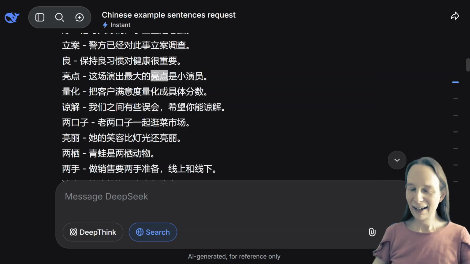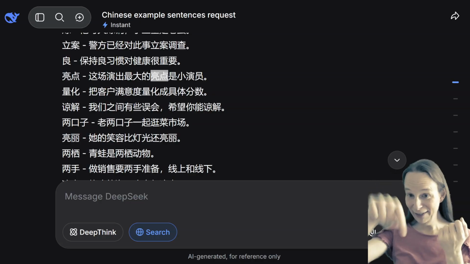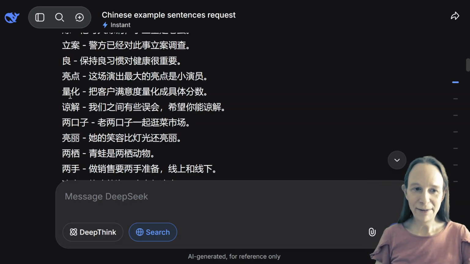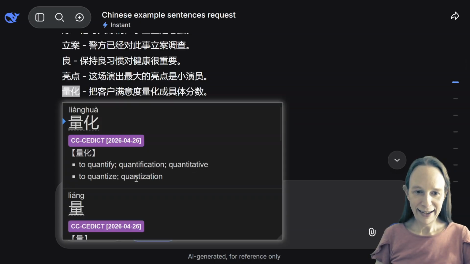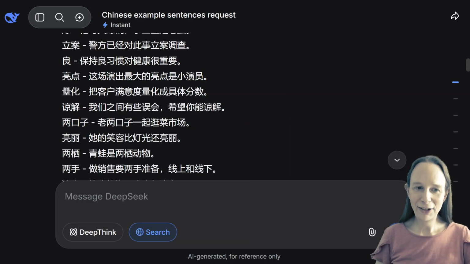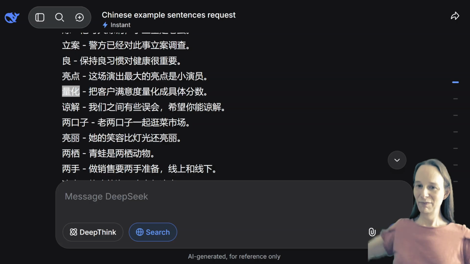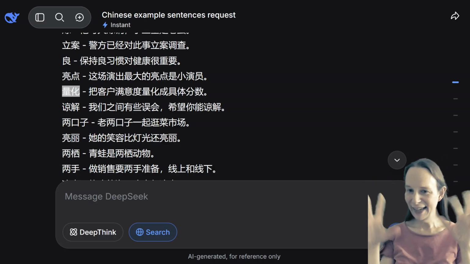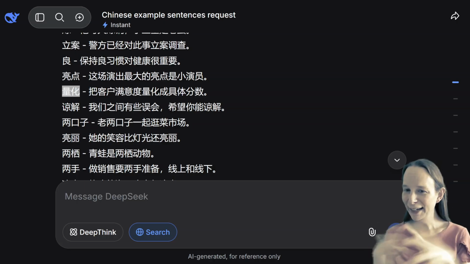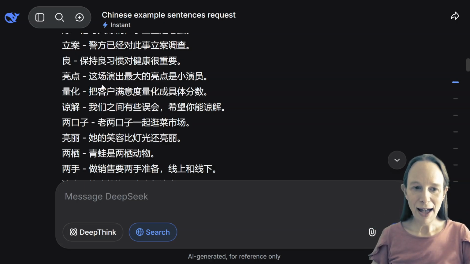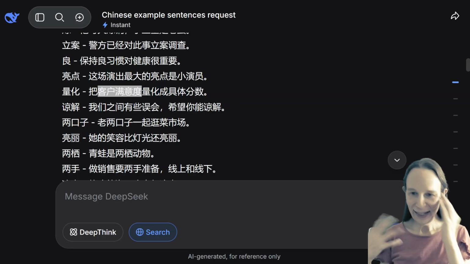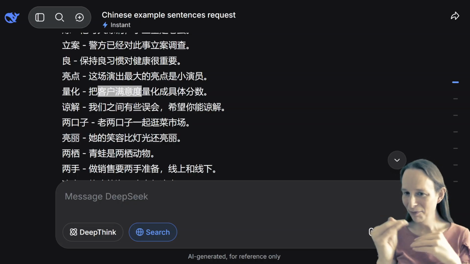It's like the highlight of a show, or a very important point that everyone's focused on. 量化 is something like quantization, to quantify, to turn something like data into numerical data, right? 把客户满意度量化成具体分数.